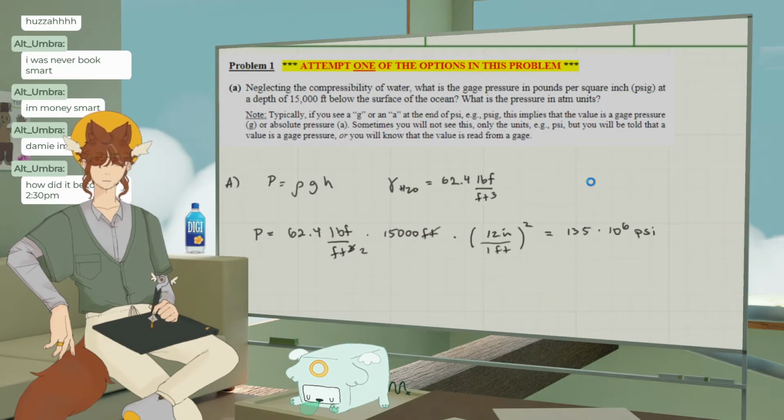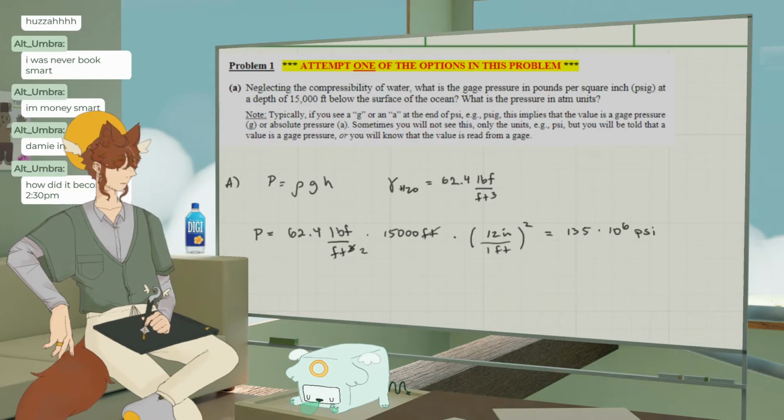And then ATM units. So what's an ATM? I'll look it up. It's in my book somewhere, but I don't know where it is off the top of my head. That's in pascals? I want it in PSI.